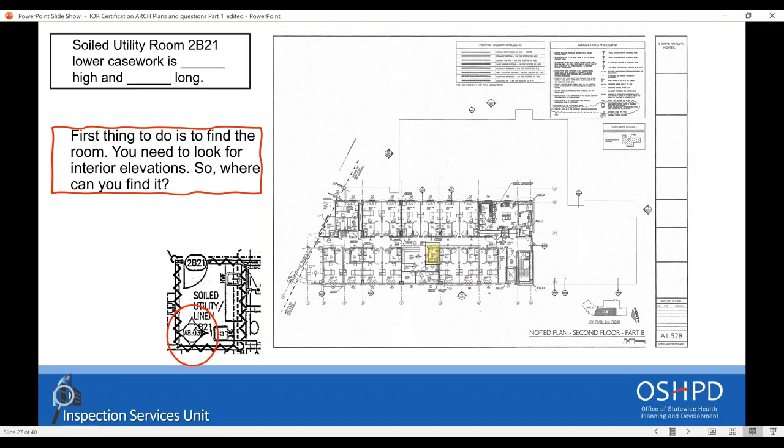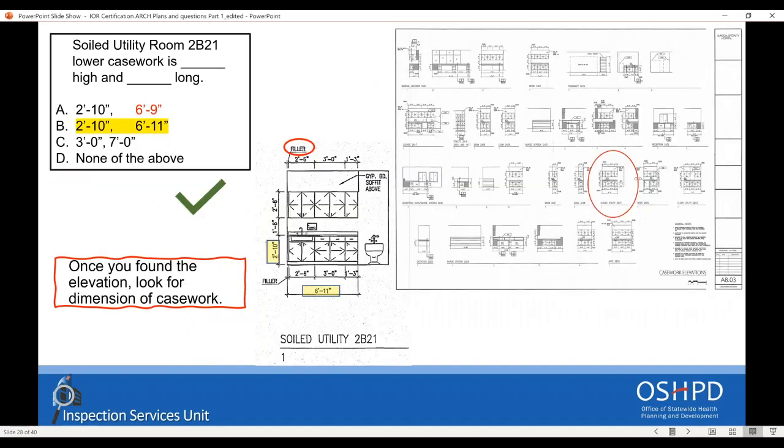I keep repeating over and over, master drawing index. You will find the second floor plan in A1.52B. On the page shown here, you can find room 2B21. The interior elevation callout is A8.03. So let's go to that page. On this page, you can see the interior elevation for room 2B21.